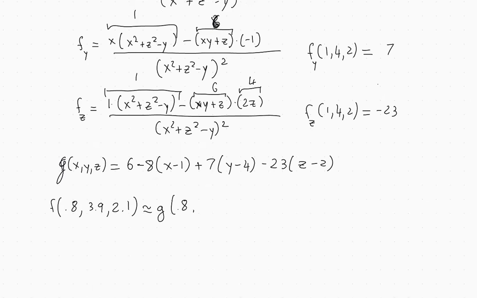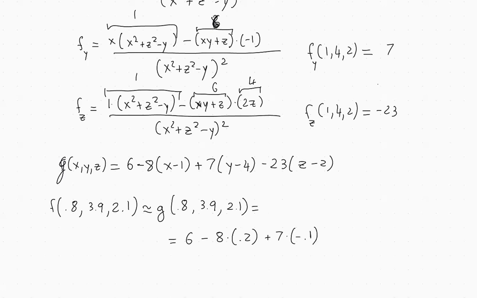So this will be 6 minus 8, and you have times 0.2. This is 0.2, it's 1 minus 0.8. Plus 7 times what? It's 3.9 minus 4. So that's negative 0.1. And we also have minus 23.